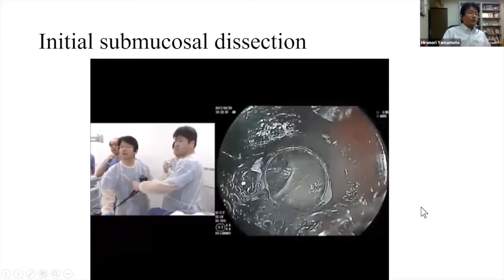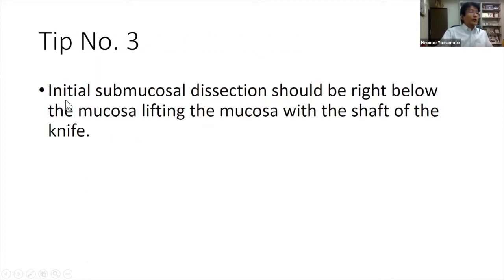At that time, use the tip of the sheath of the knife. So tip number 3, initial submucosal dissection should be right below the mucosa, lifting the mucosa with the shaft of the knife. It's okay to be shallow at this point because the mucosa is still outside of the tumor, normal mucosa. So you don't have to go too deep.